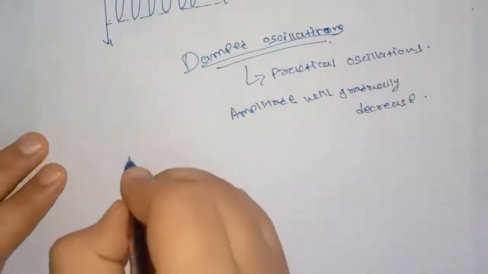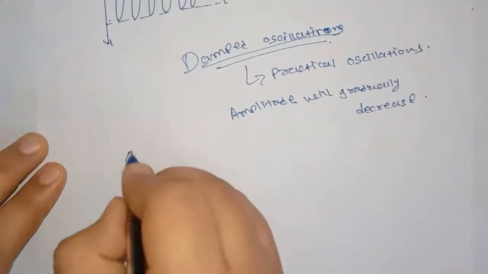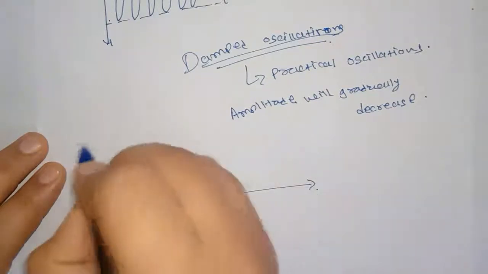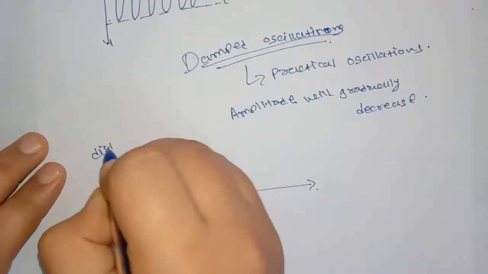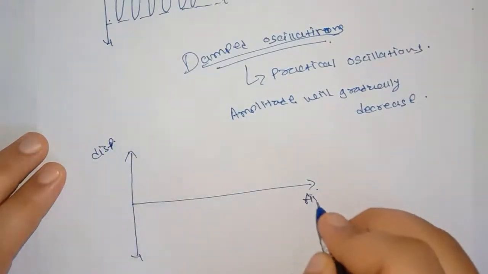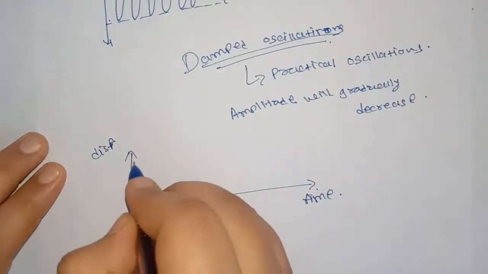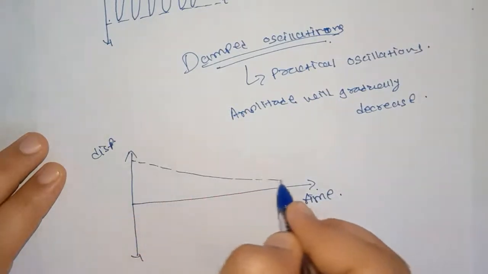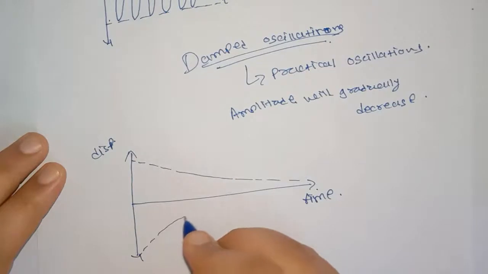So, the graph for displacement versus time, the amplitude will gradually decrease and it will become 0 after some time.